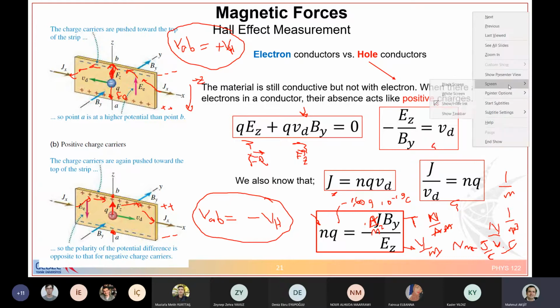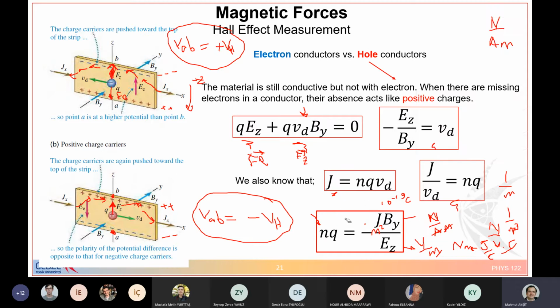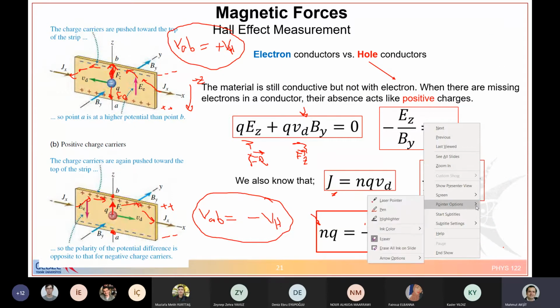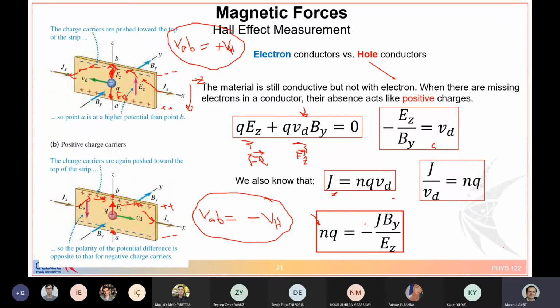Let me do this again so that you don't get confused. I'm just trying to make sense of the units. So here's the deal. The charge here is coulombs. The current density is amperes per meter square.